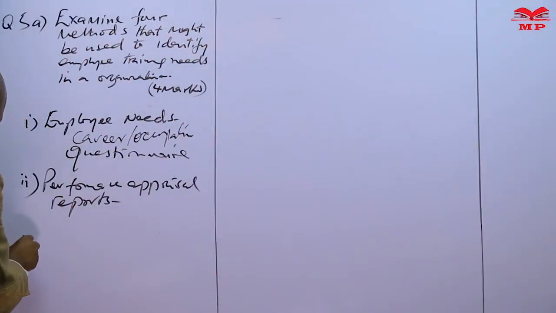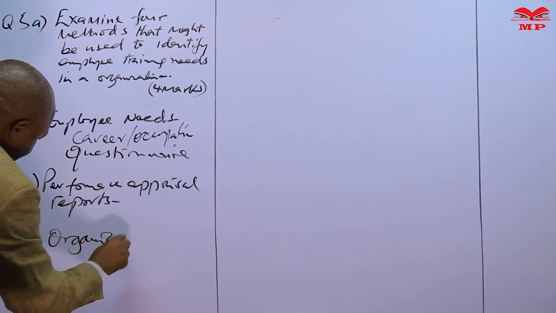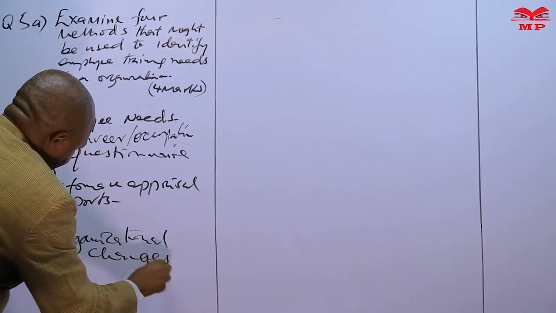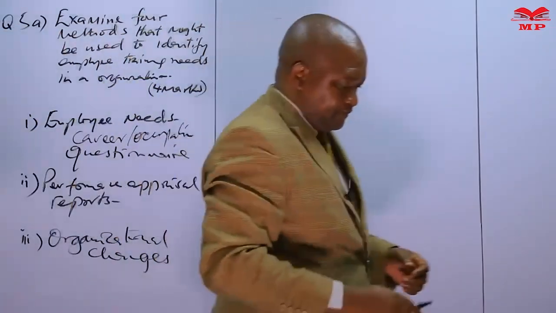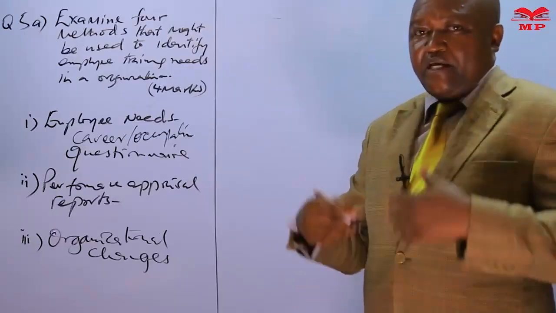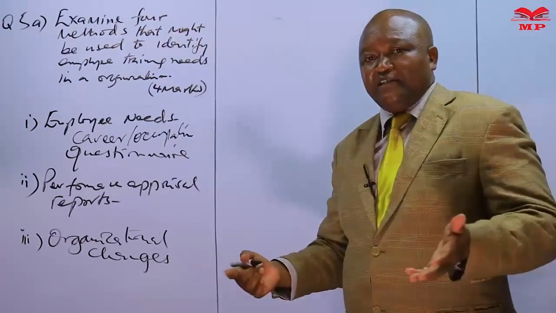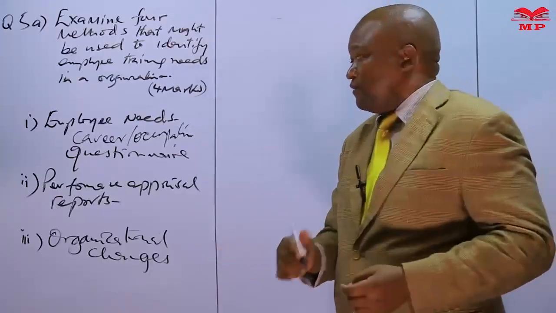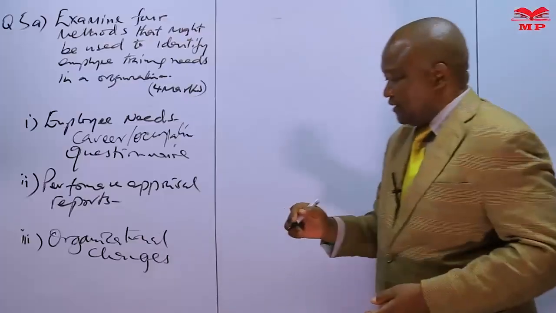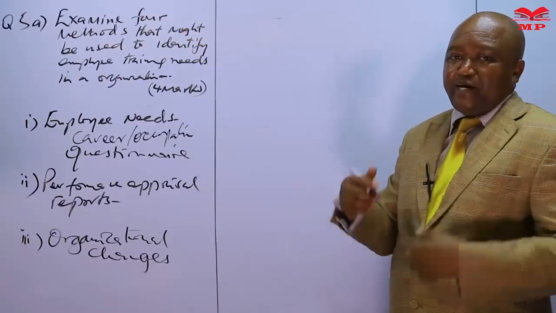Then thirdly, organizational changes. Now, this is an environment where an organization may be changing the way it does business. It may be rebranding itself. It may be going into different lines. It may also be changing direction in terms of the market segment it operates in. So these organizational changes may suggest the kind of skill sets that may be required in future.